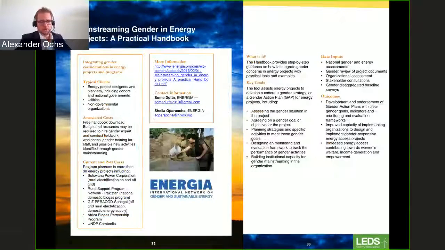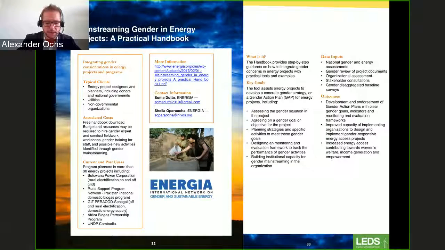Another very helpful tool is one that measures gender impacts of energy projects. It's called Energia. It is not so much a quantitative tool, but a qualitative one. It's a handbook, but is very concrete, not just descriptive.